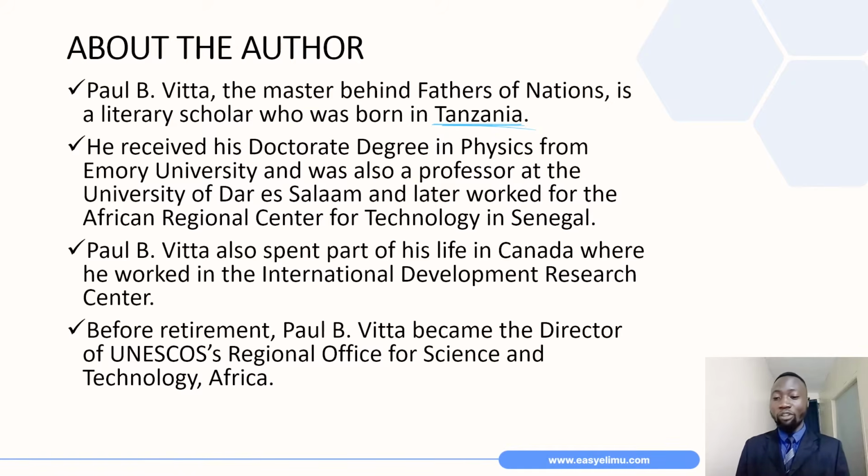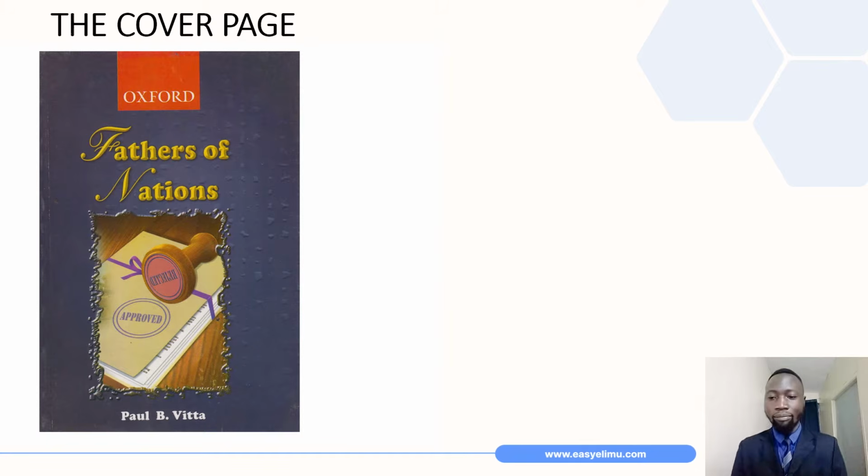Something interesting about the author before we proceed to the nitty-gritties is that this is someone who visited different countries within the African continent and even outside the African continent. And another thing, dear students, that is about the cover page. You know, the cover page is designed for a purpose.